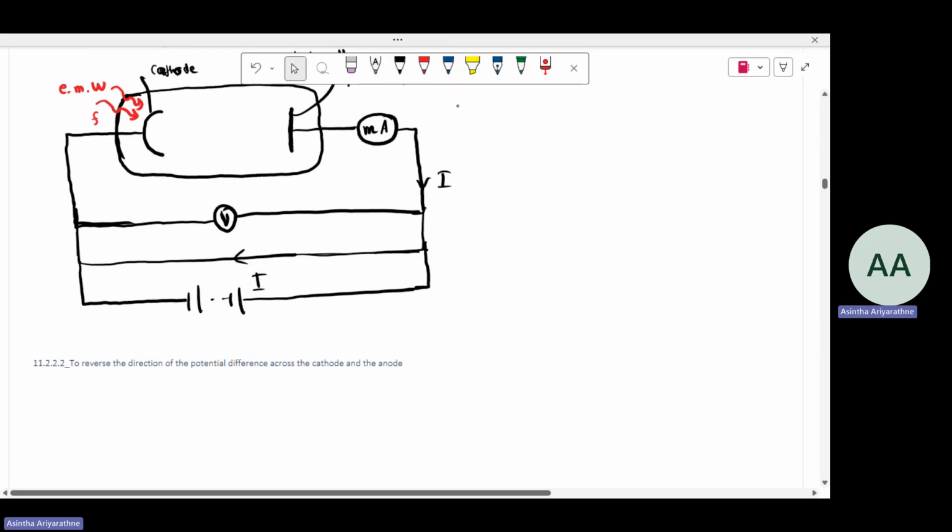Electrons are emitted here and they are attracted towards the anode.